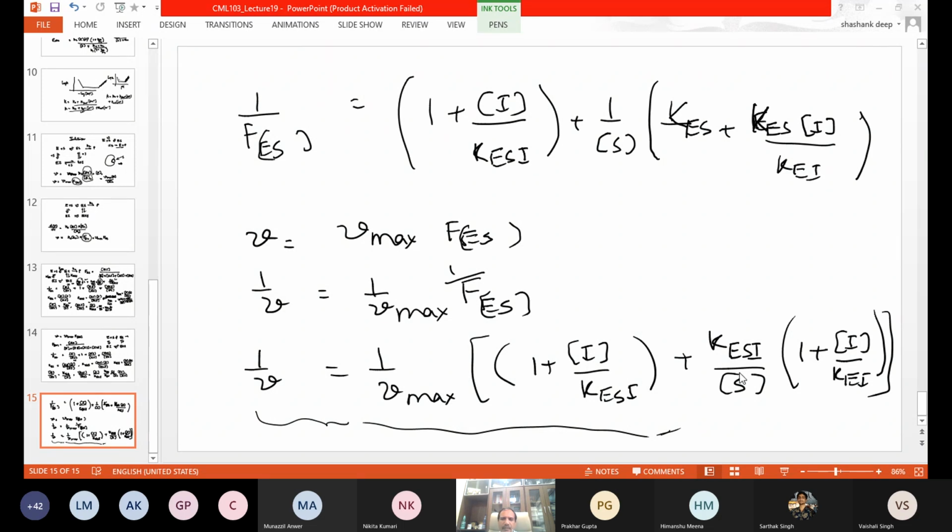Right? And it will be a straight line with KESI by S 1 plus I by KEI. Okay, so this is the whole equation.